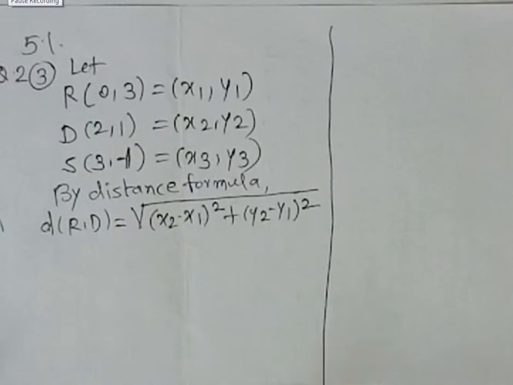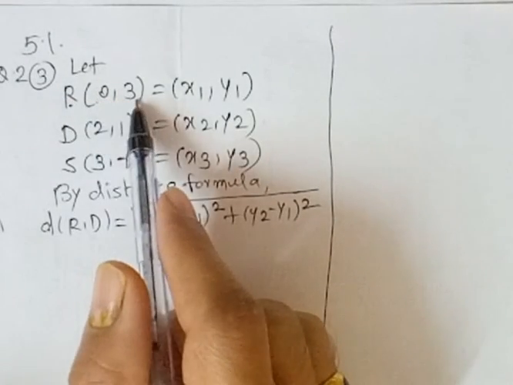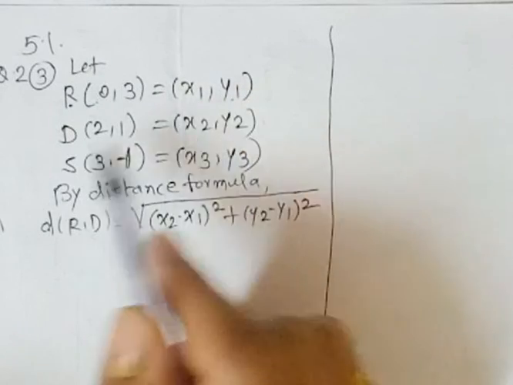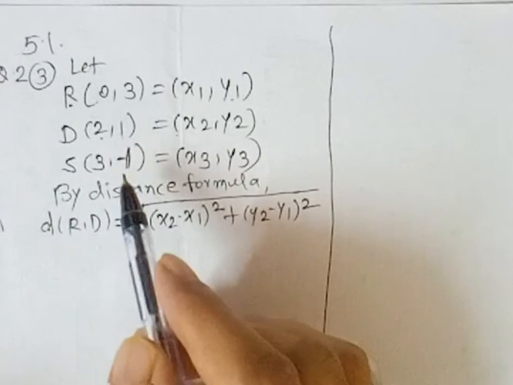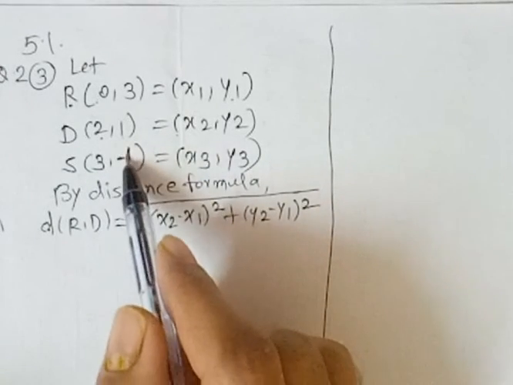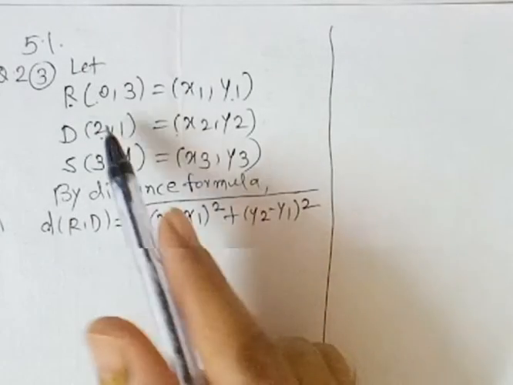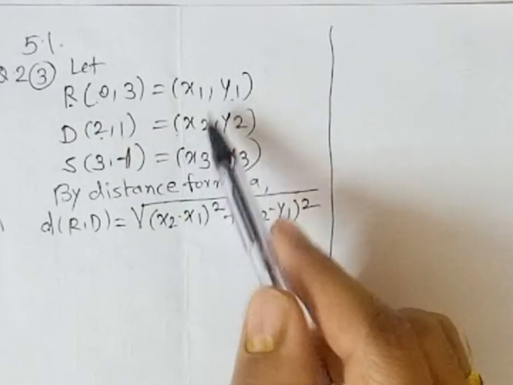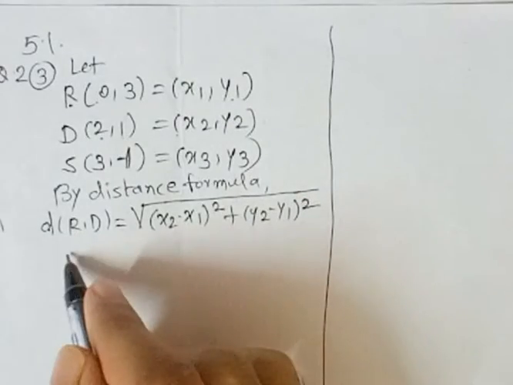Now see 5.1, question number 3. Let R(0, 3) be (x1, y1), then D(2, 1) be (x2, y2), and S(3, minus 1) be (x3, y3). Then by distance formula, distance RD is equal to under root (x2 minus x1) to the whole square plus (y2 minus y1) to the whole square.